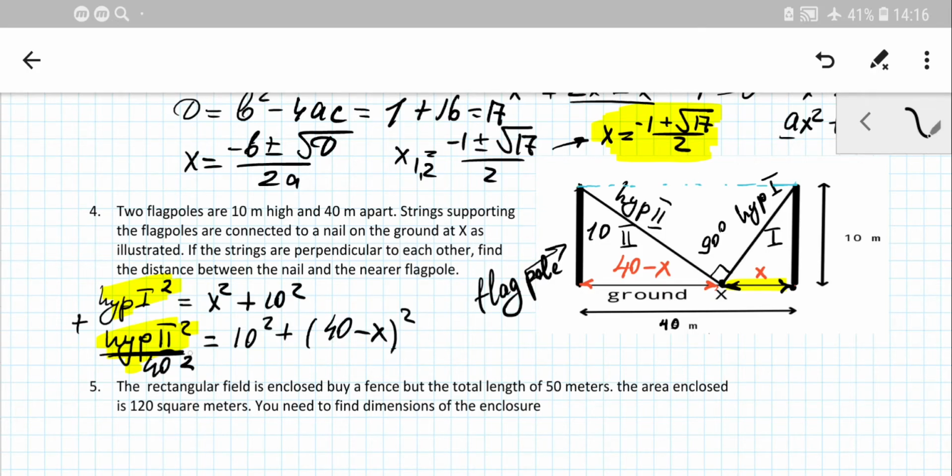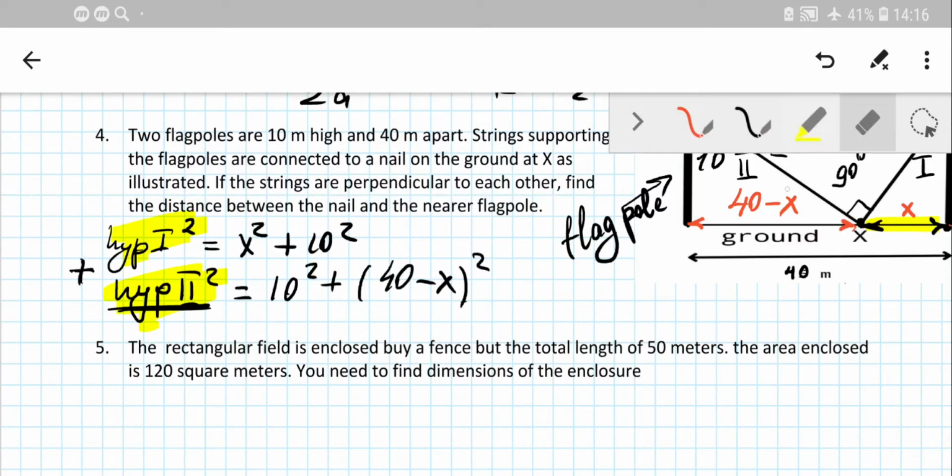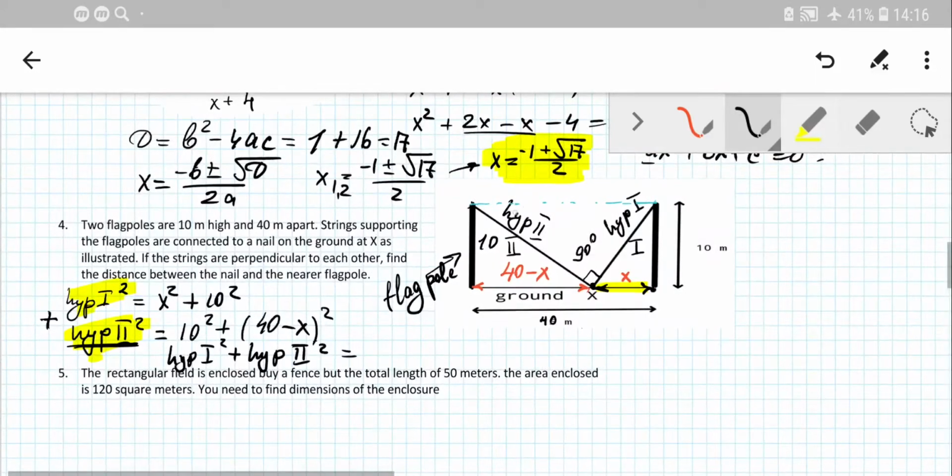And hypotenuse 2 was that side. So we arrange hypotenuse 2 squared equals 10 squared plus (40 minus x) squared. Now we need to add, so maybe I better write it this way. If we add height 1 squared plus height 2 squared, we'll get that side, which is the hypotenuse.